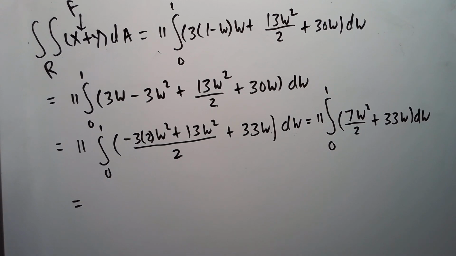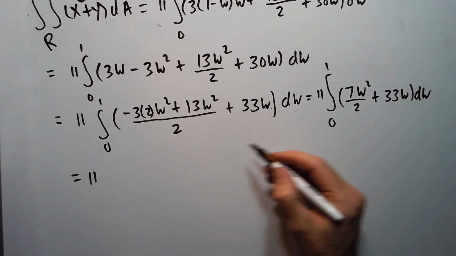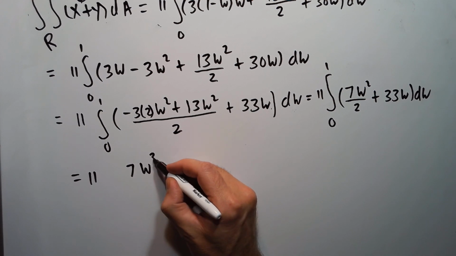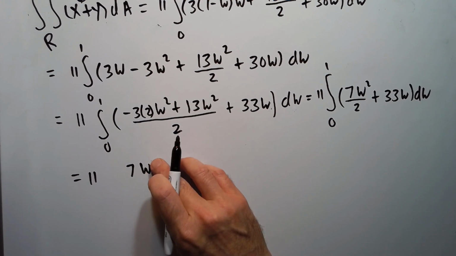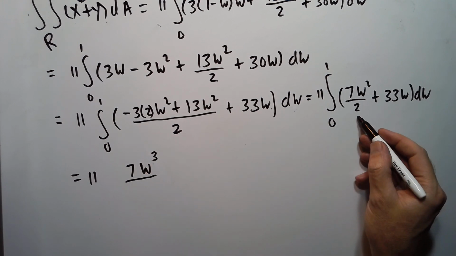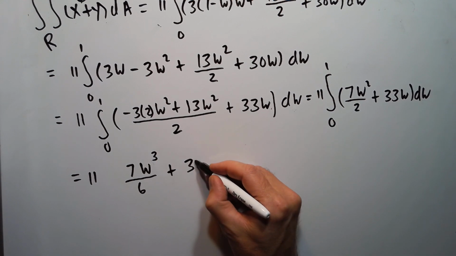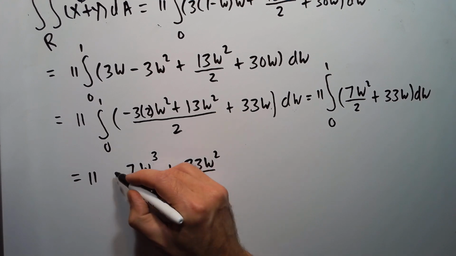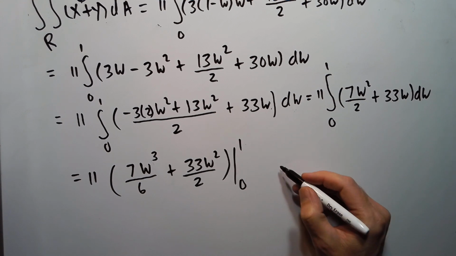So then 11 in front, so integrating this, it'll be 7w cubed divided by 3, but there's a 2 down here also, so it'll be divided by 6, plus 33w squared over 2, evaluated at 0 and 1.